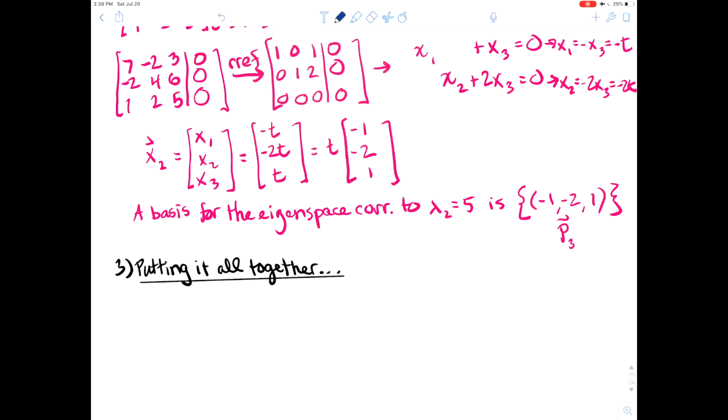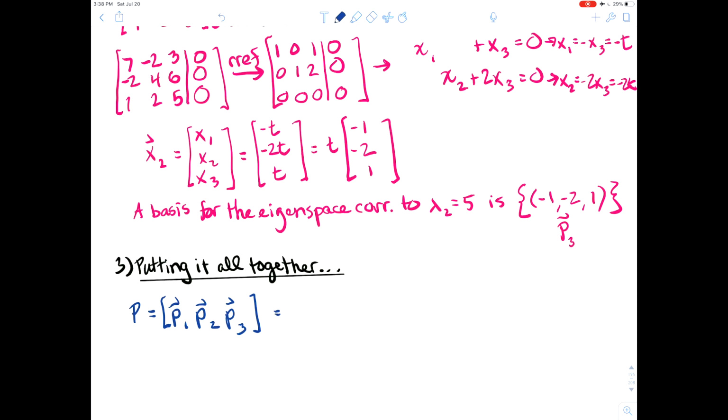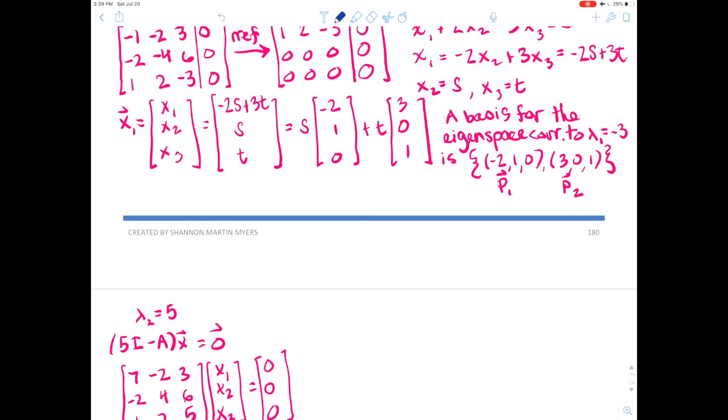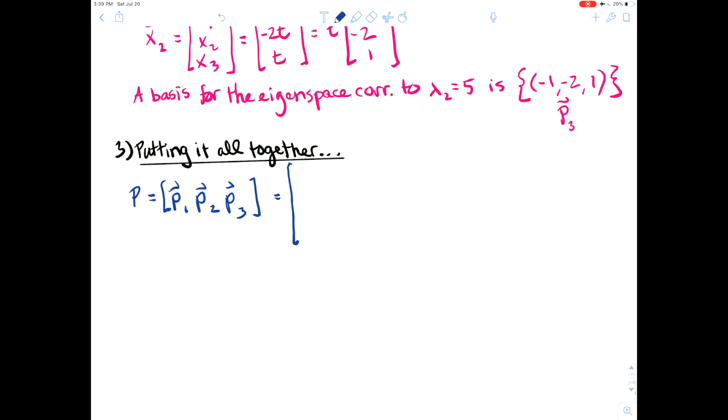All right, so what we found here is our P matrix, remember, is P1, P2, and P3, which is equal to, we had P1 and P2 right here, so negative 2, 1, 0, 3, 0, 1. And then P3 is here.